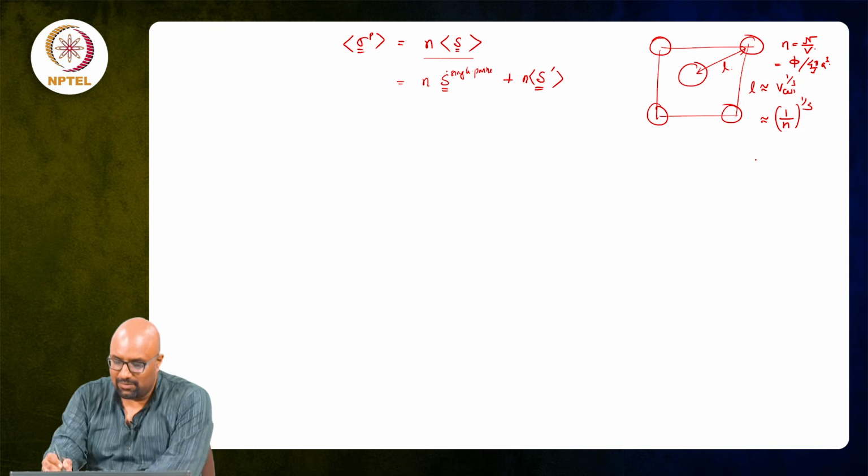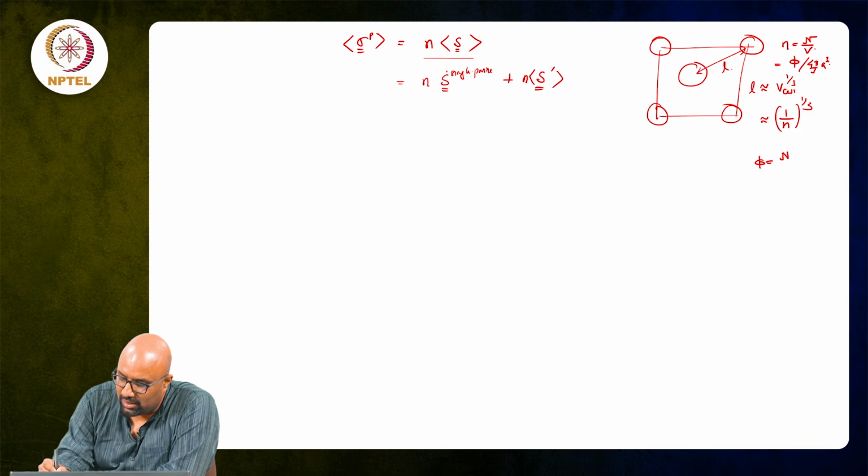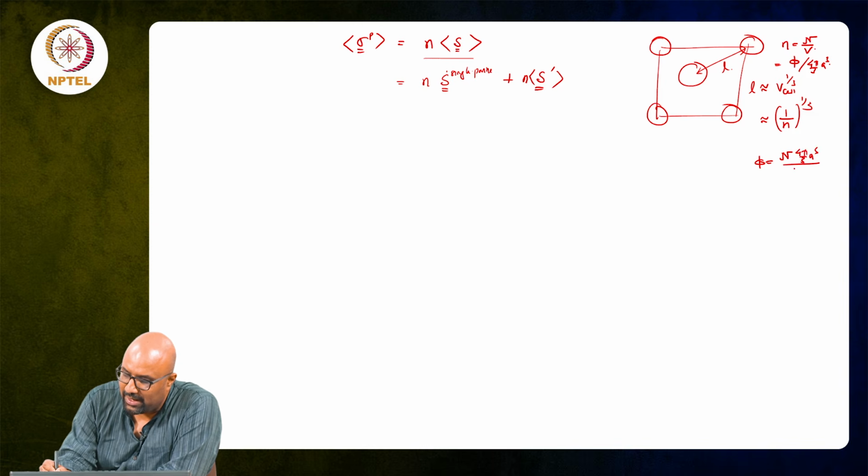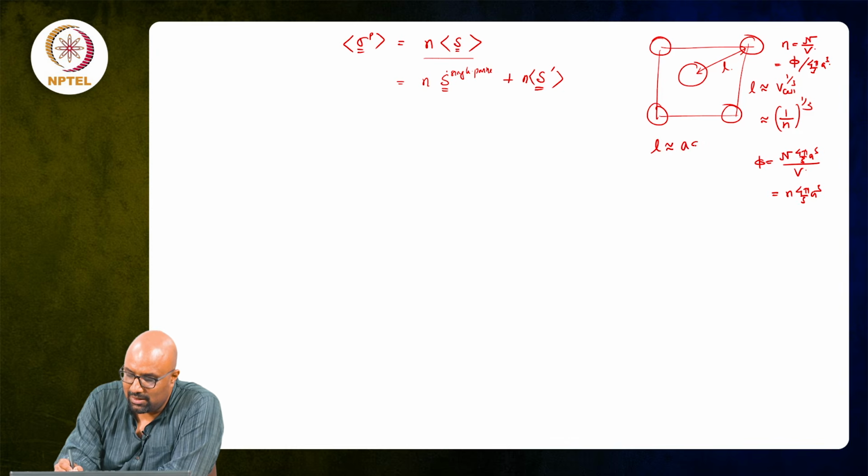Volume fraction phi is the total number of particles times the volume of a single particle, divided by the total volume. So, this is number density into 4 pi by 3 a cube. So, the separation is going to scale as a phi to the power minus 1/3. That is the interparticle spacing.